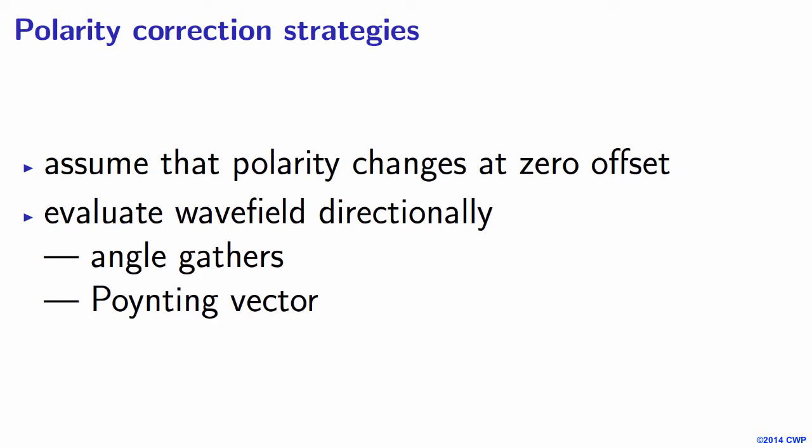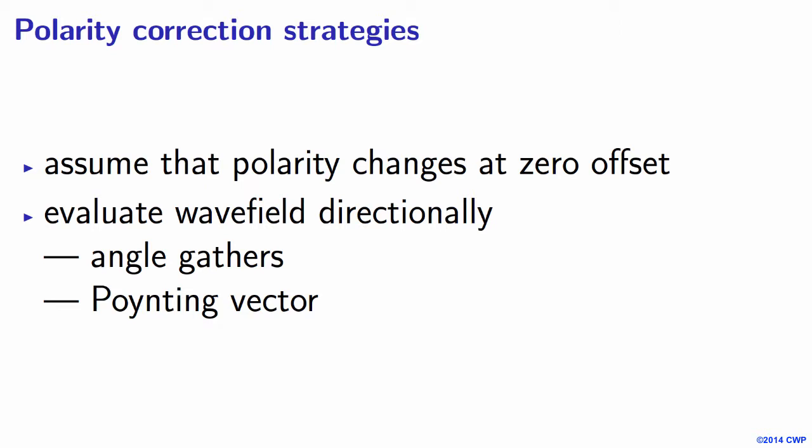That would decrease the quality of the stacking image. So there have been a lot of procedures proposed to correct for the polarity before we stack the image over experiments. The simplest approach is to assume that the polarity changes at zero offset. So we can change the sign of the image where the offset is negative.